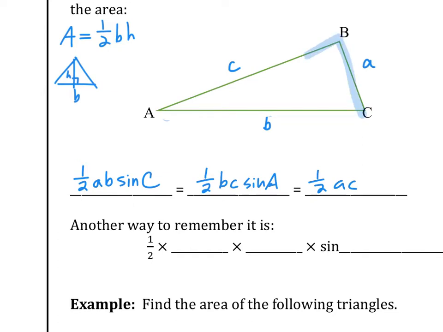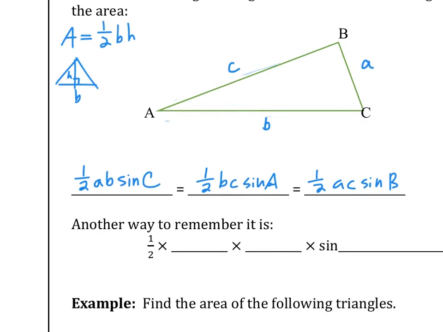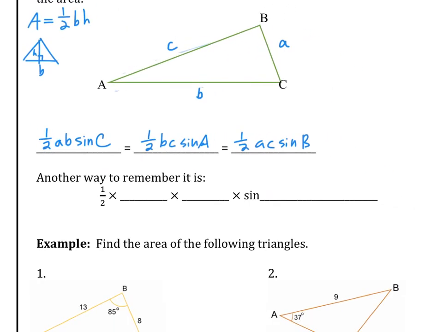If it's AC, sine of the angle in between must be B. Notice how I use capital letters for all of the angles. Just keep that in mind so you don't confuse yourself if you're writing a side or not. Another way to remember is 1/2 of side 1, 1/2 of side 2 times sine of angle in between.